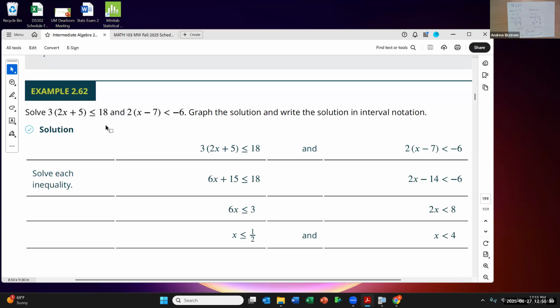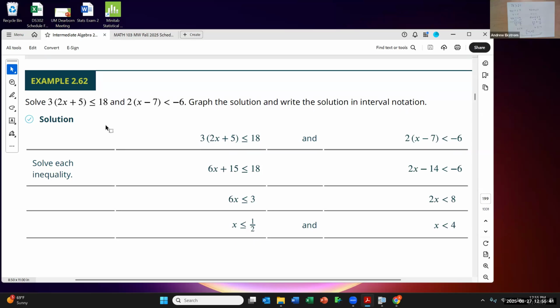So with these, again, what's our first step going to be? We want to get the x's by themselves. And if you look at what they did here, they distributed the 3. And then what you do at the end, you basically have to undistribute the 3.